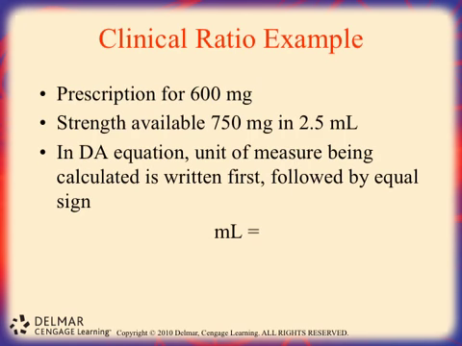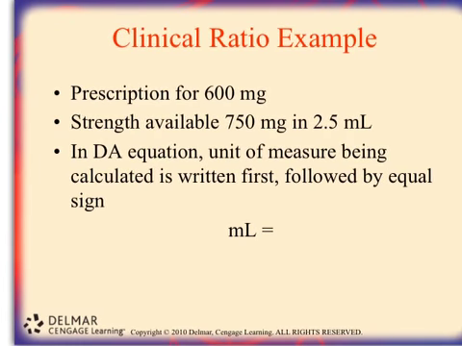So the first step is shown in this slide right here. A clinical ratio example. You've got a prescription. This is what you have ordered: 600 milligrams. What you have available is 750 milligrams in 2.5 milliliters.